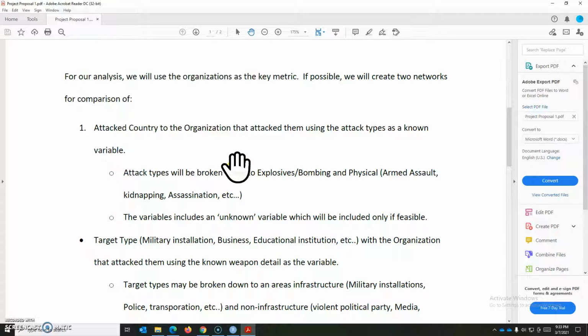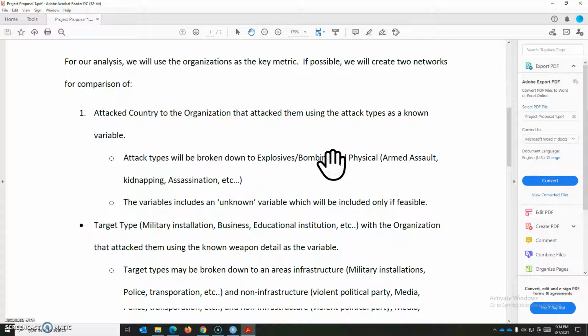One is that we use the target type as a known variable, and the nodes we use are country as well as the organization as a pair. And we also have a spin-off second network, also using the attack type. So that's two of the networks.